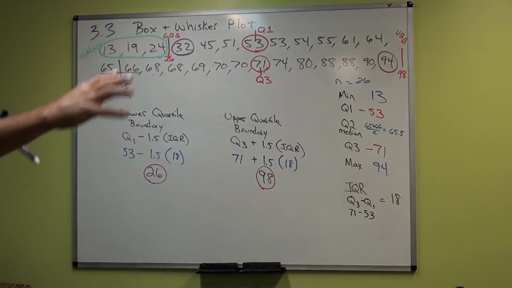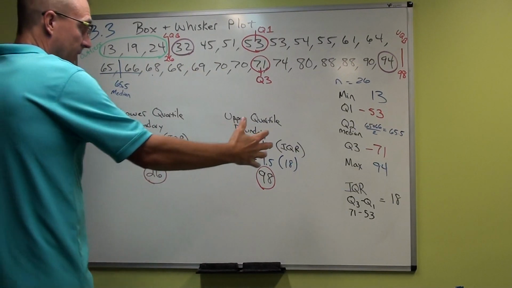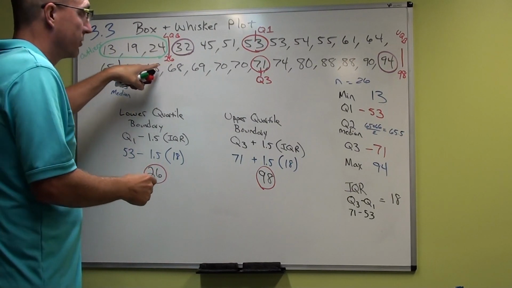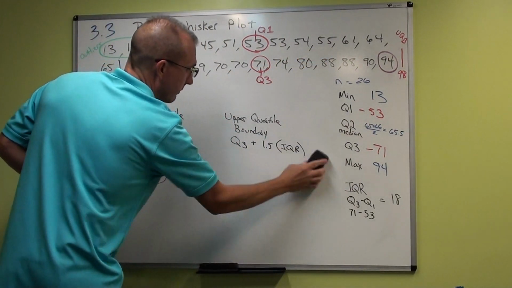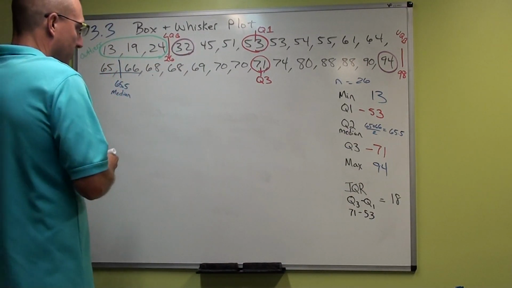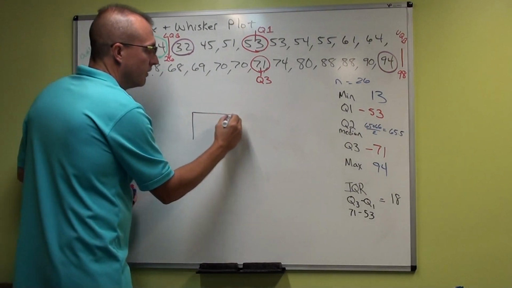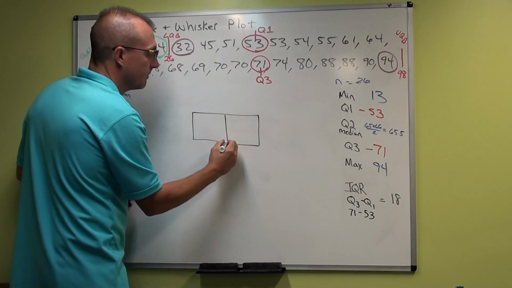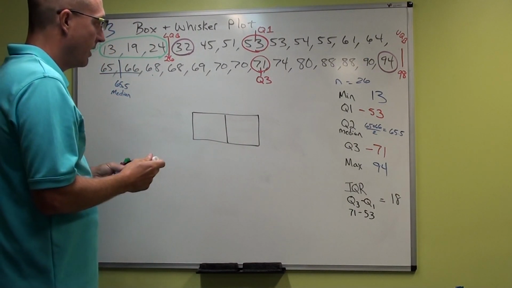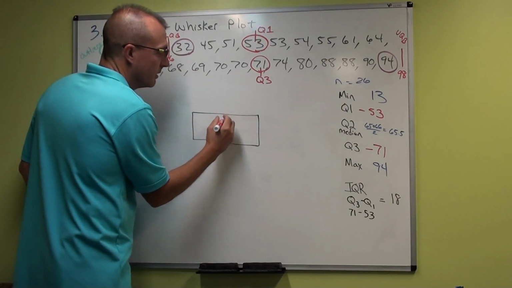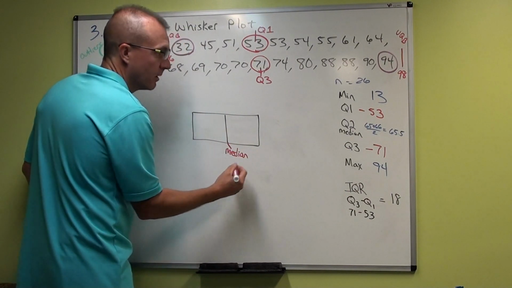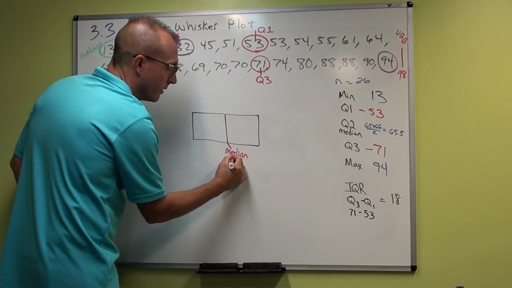After you have all that sorted out, now I can erase these because I know what they are, my lower quartile boundary and my upper quartile boundary. I'm going to get rid of this, and then I'm going to create my box and whisker plot. It has to start like this. When you do this part, every single time, this is your median, and it's right here, 65.5.